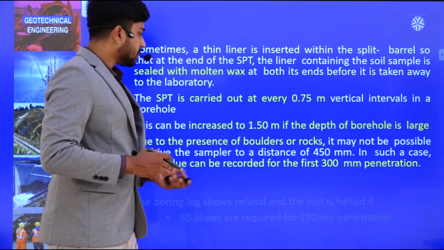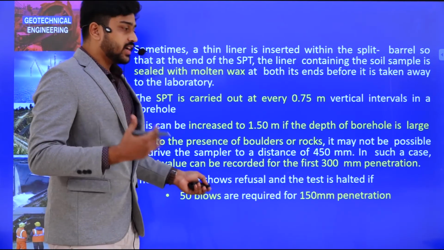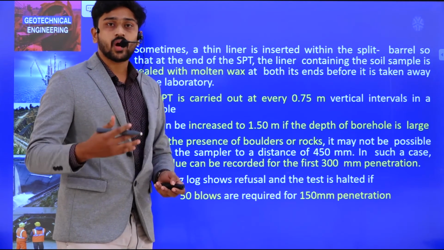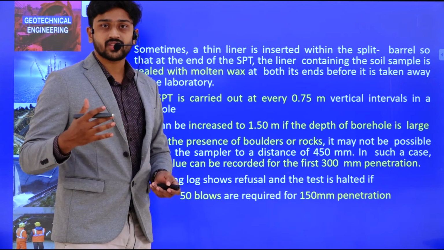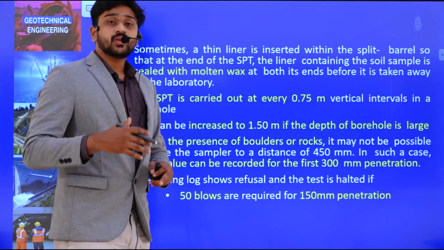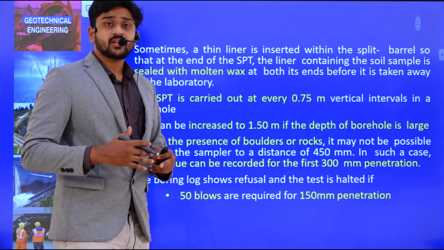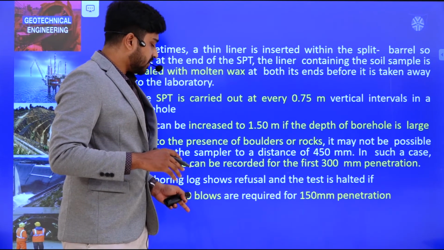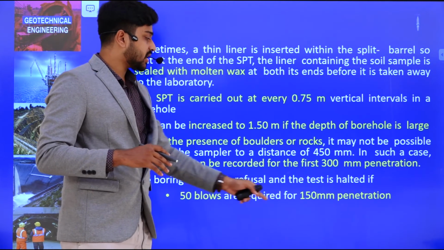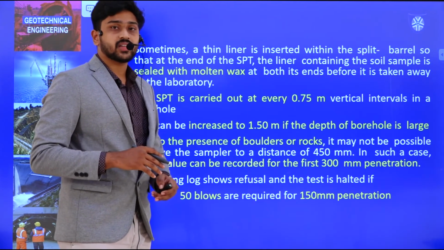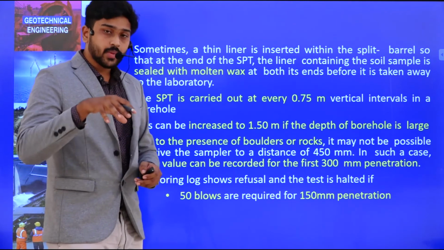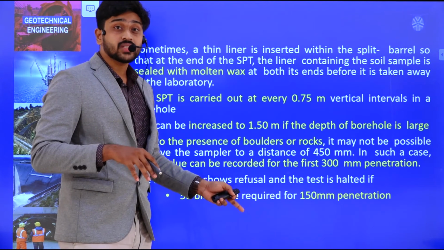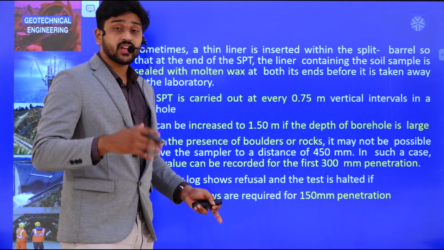Clear? Now, we need to halt the test. Whenever I am performing the test, I may have to halt it at a certain point because of disturbances, and I need to start bore logging the data. If 50 blows are recorded for the first 150 mm penetration itself, then it is very difficult, and we need to halt it.